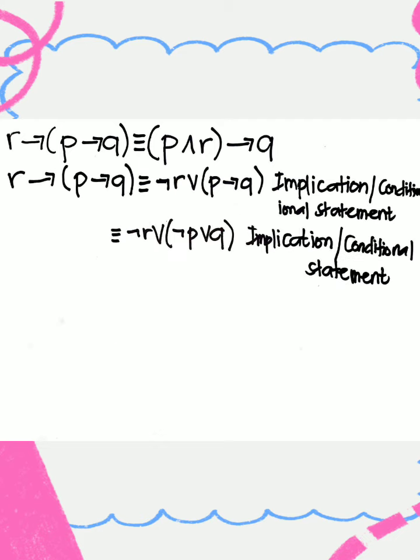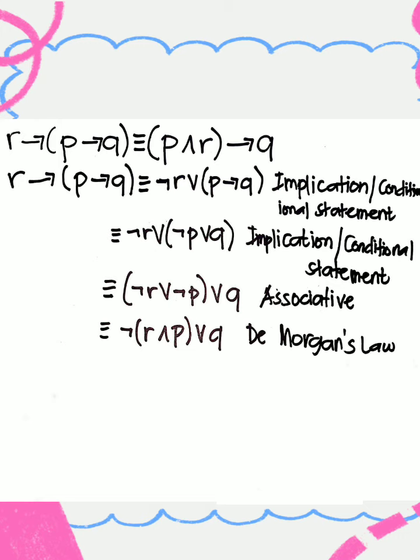At this point, we're going to use the associative law since they are quite similar, so I'm going to rewrite this one in this way. This time, I'm thinking De Morgan's law since the statements are also quite similar, so I'm going to write this one in this way according to De Morgan's law. At this point, I'm thinking implication law, or conditional statement. So I'm going to rewrite this one, and it looks like this.